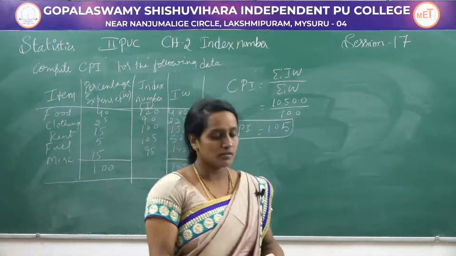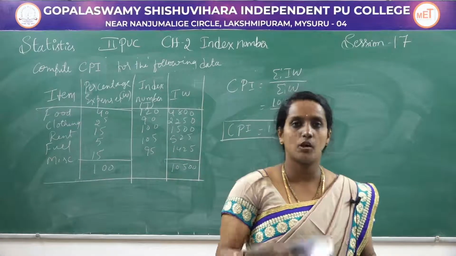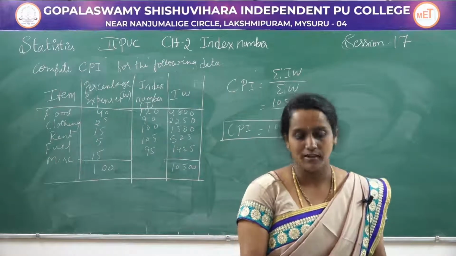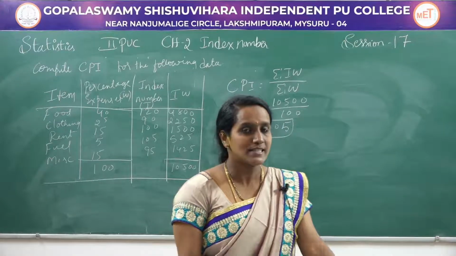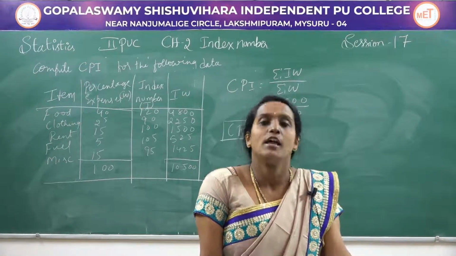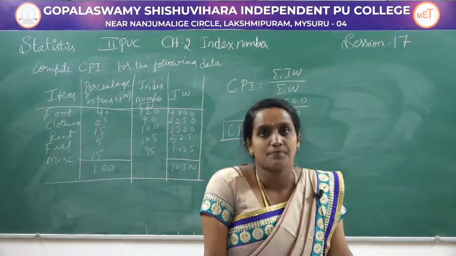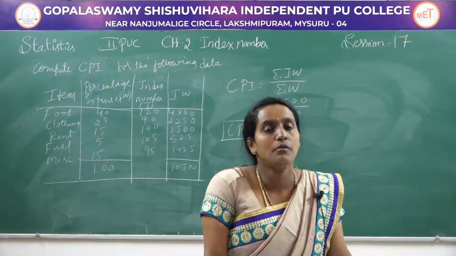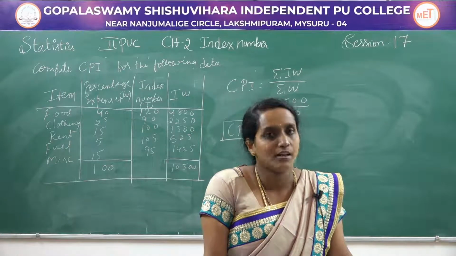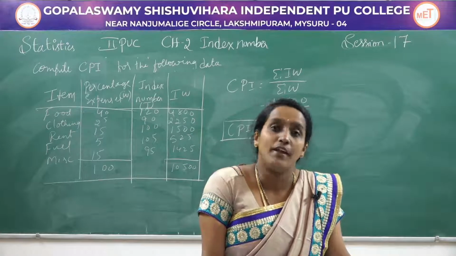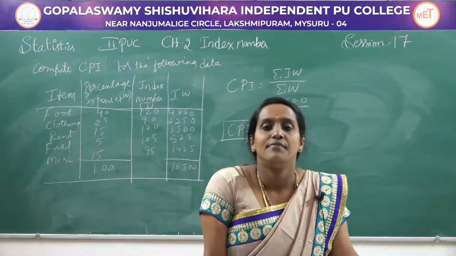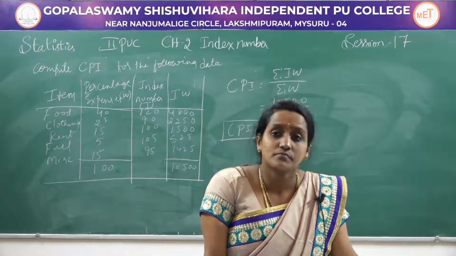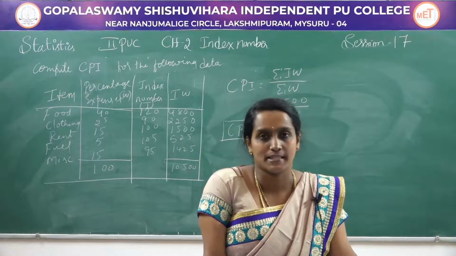In examination, they will ask for suitable index number. They will ask for the suitable index number for the given data. You have to see the data, what are the givens. If they have given the quantities, we have to go for the aggregative expenditure method. If we have only weights and the price, that time we should go for the cost of living index number.